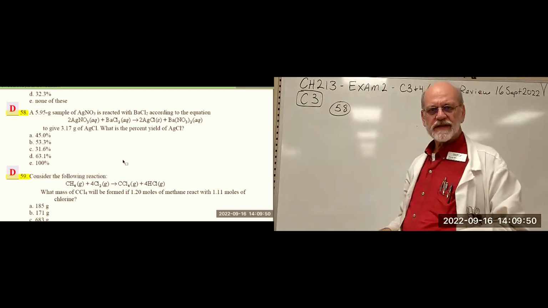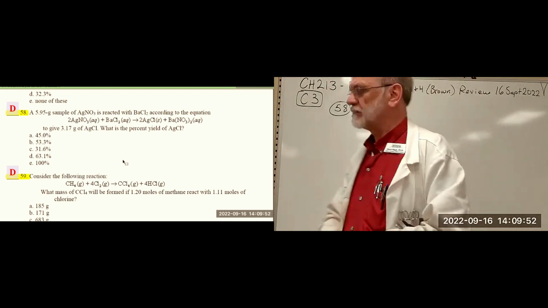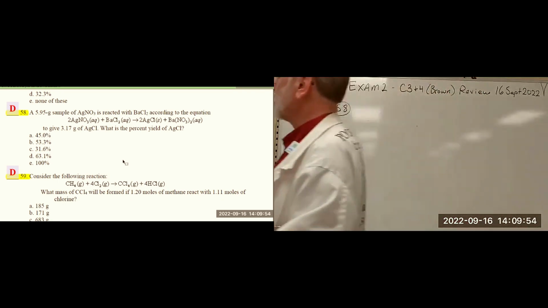But I would say that 58, this is your balanced equation, right? It's giving you the coefficients. And you have 5.95 grams of silver nitrate reacted with excess barium chloride. You have to assume that. To give you silver chloride, what's the percent yield? Percent yield is going to be, this one is the actual value.